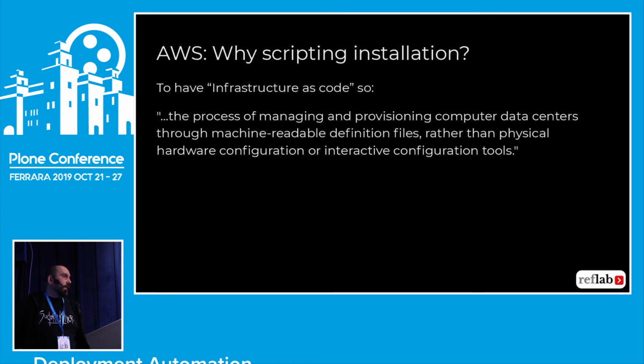For example, we create the stage, development, and production machines with the same script. Just in some cases, we have a configuration file to change the size of the machine or the disks, something like this. But it's only a question of changing the configuration file, not the script.